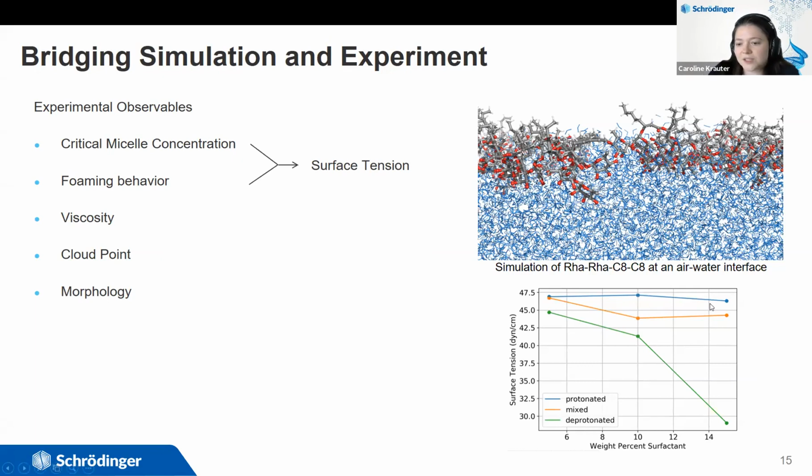So for that concentration range, we already have a plateau of the surface tension, while for the deprotonated in green, where we expect a higher critical micelle concentration, we still see a drop of the surface tension with the weight percent surfactant. So from the qualitative trends that we want to extract here, that corresponds to what we would expect for such systems. So that is one thing that we extracted.